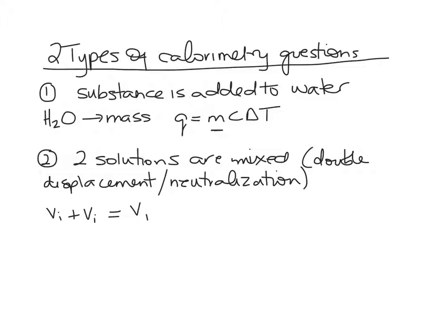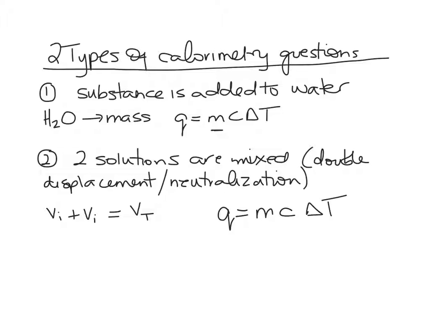We mix them together and we will get a total volume. Now this total volume is of a dilute aqueous solution. Therefore, it is going to be the mass in Q equals mc delta T for the surroundings.